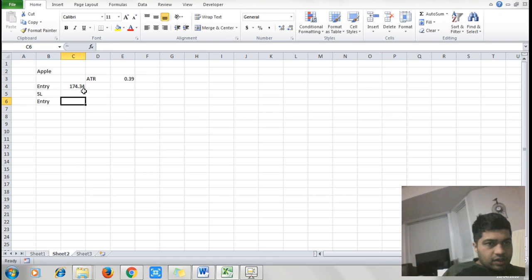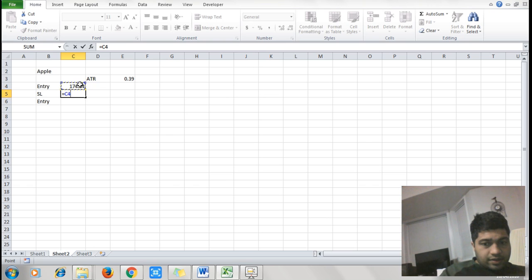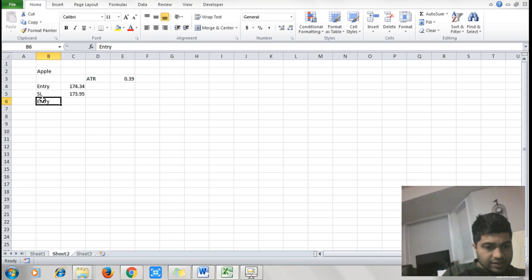So stop loss would be this minus this because it's a long trade. So in long trade you subtract for the stop loss, and exit will be, sorry, not entry, this is exit. So entry, exit and stop loss.